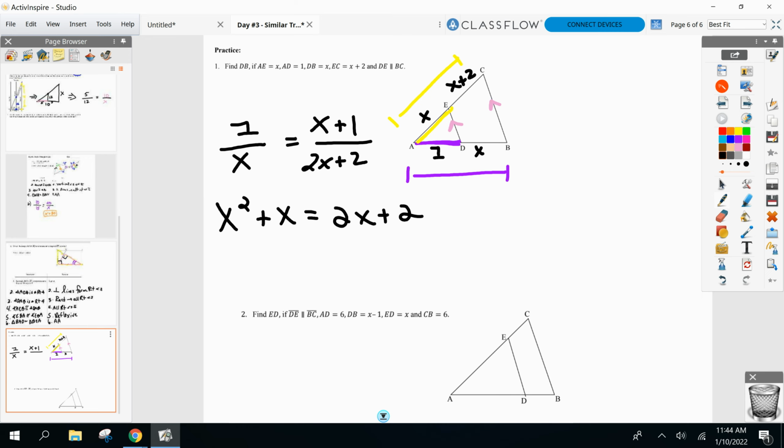You got an x squared and an x, which usually means it's factor time. Make sure everyone moves everything over correctly. And then talk with your group. How do you factor this thing?